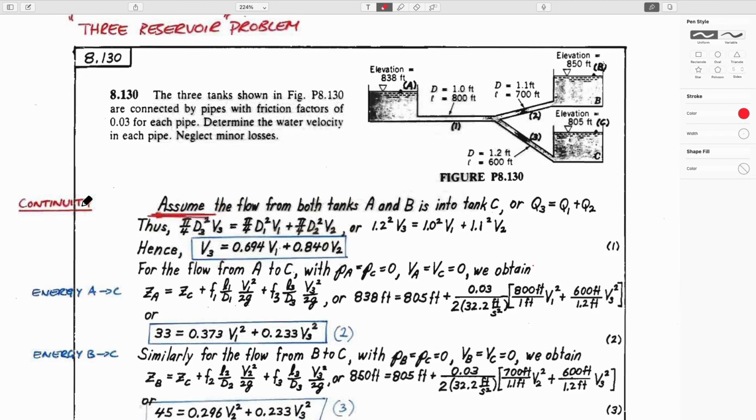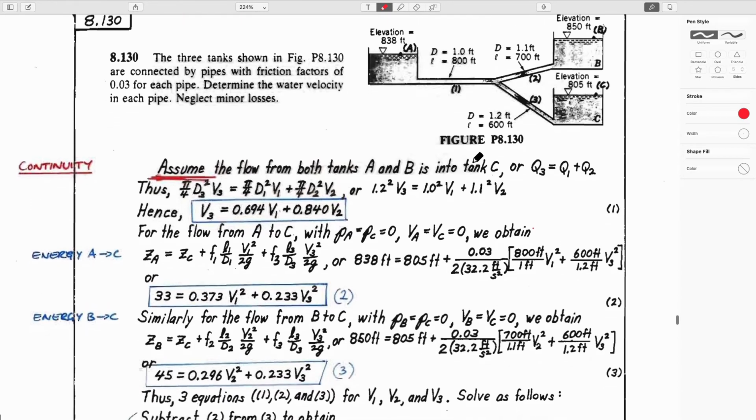It gets much more complicated if you have a reservoir system where the downstream reservoir is not the same as the other one, in which case the heads are the same and delta Z is the same. These are different, right? This is a different elevation here to this one. And so if you do that, then you need to do the same thing, and you have to decide what the circuits are.